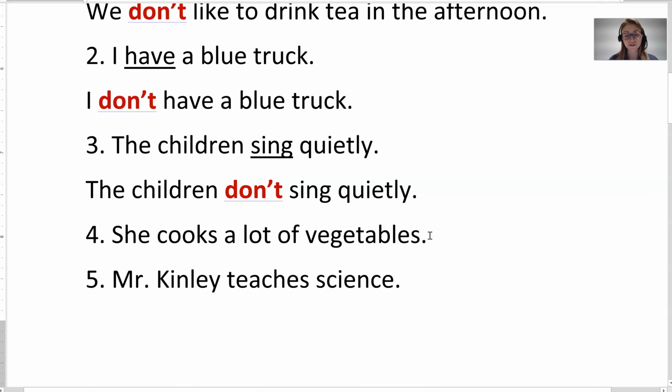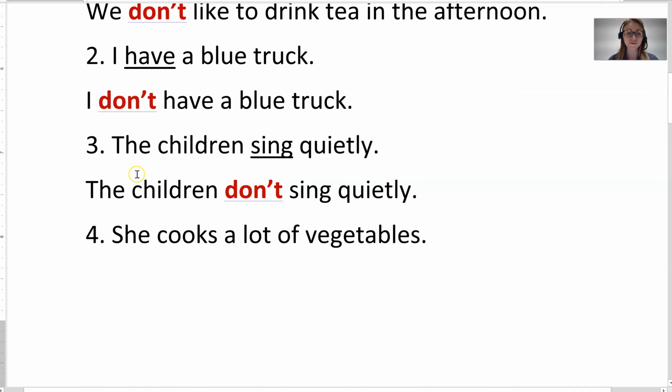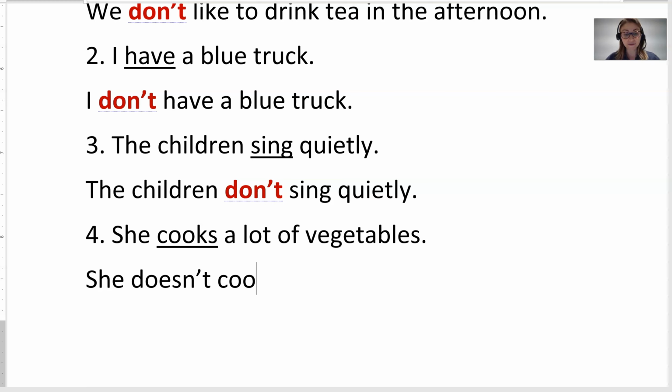Number 4, she cooks a lot of vegetables. So what is the verb? Cooks, good. So we're going to change it to negative. She doesn't cook a lot of vegetables.